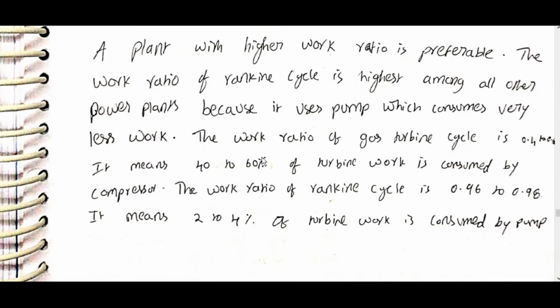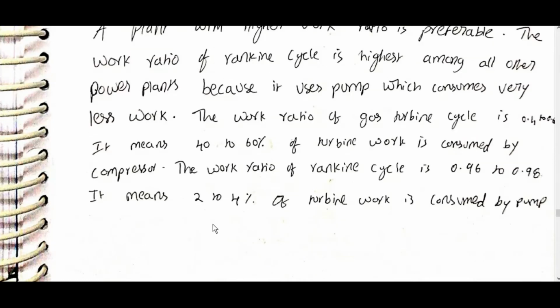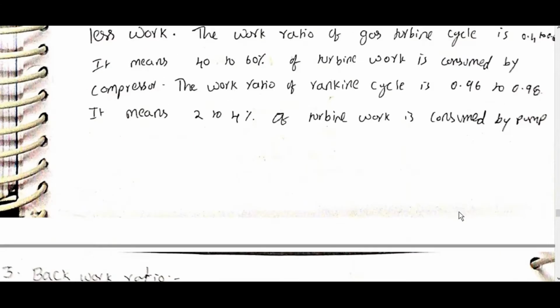The work ratio of gas turbine cycle is 0.4 to 0.6, meaning 40 to 60% of turbine work is consumed by the compressor. The work ratio of Rankine cycle is 0.96 to 0.98, meaning 2 to 4% of turbine work is consumed by the pump.